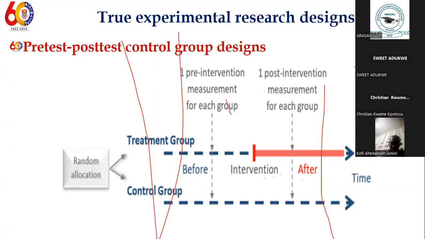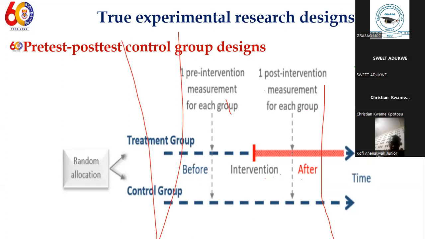The reason why we are doing this is that in writing about your research designs in your thesis, you don't just say, I am using an experimental research design. The question is, what type of experimental research design are you using? Then, why are you going that angle?